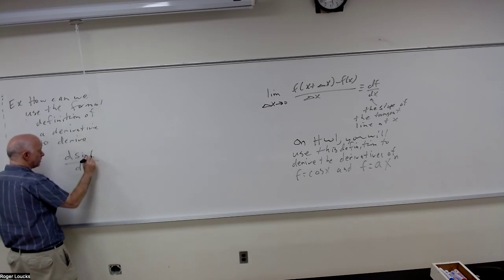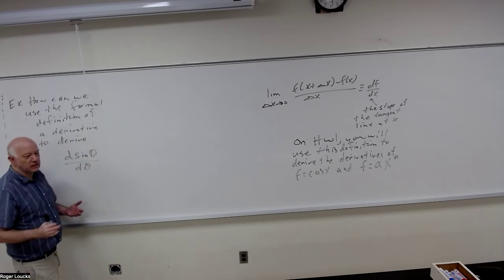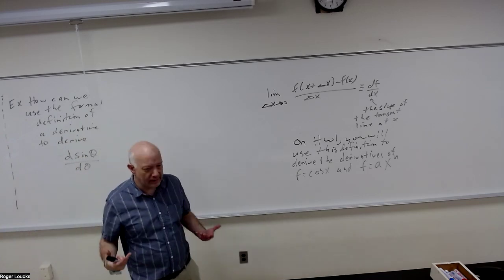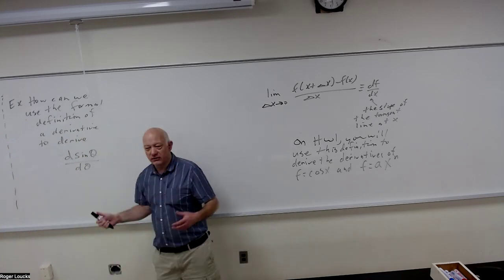I'm going to put theta in here. I like thetas. It seems like when you have a sine or a cosine, you should have a theta, not an x. Okay. What is this equal to?